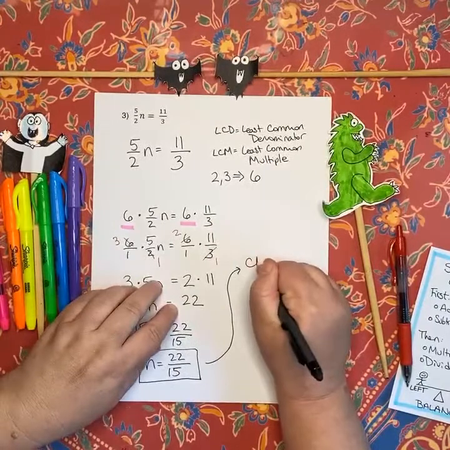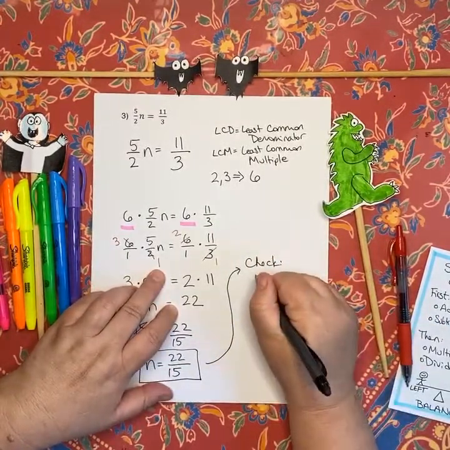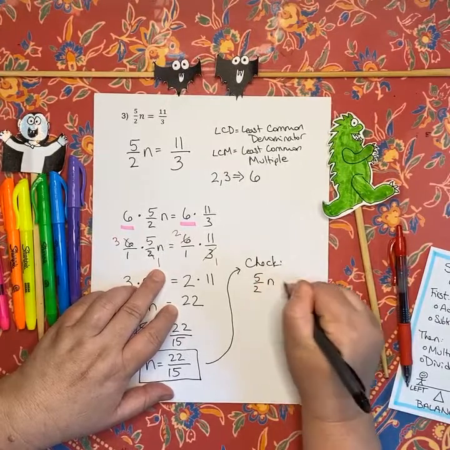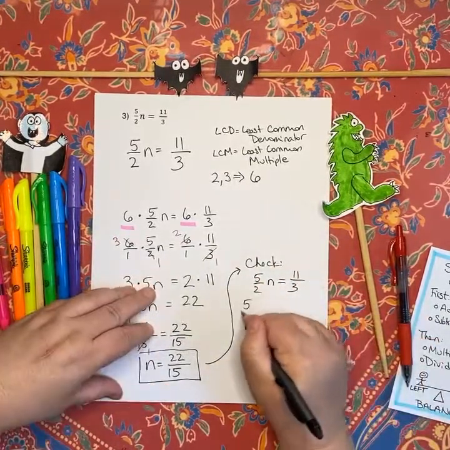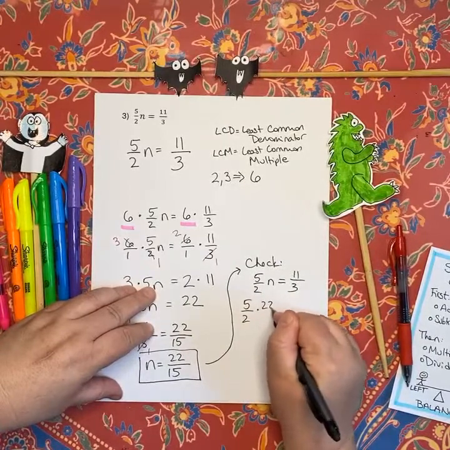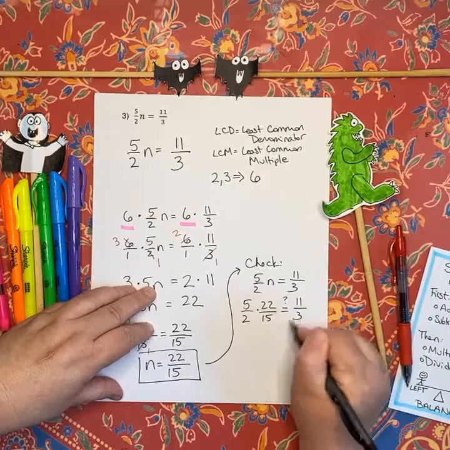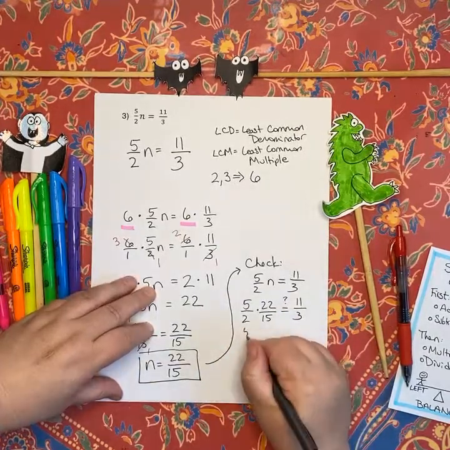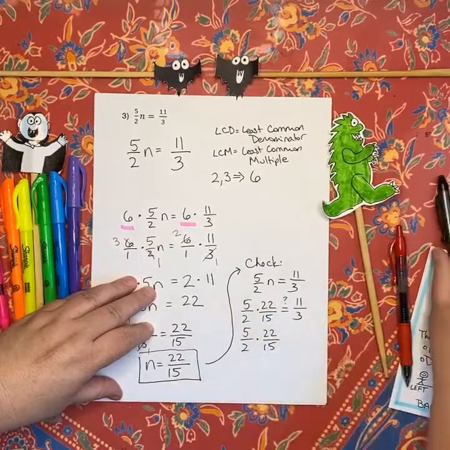Okay, so let's try checking, shall we? I take my original 5 halves n equals 11 thirds, and I'm going to plug in 5 halves times 22 over 15. Does that equal 11 thirds? Let's see. 5 halves times 22 over 15.